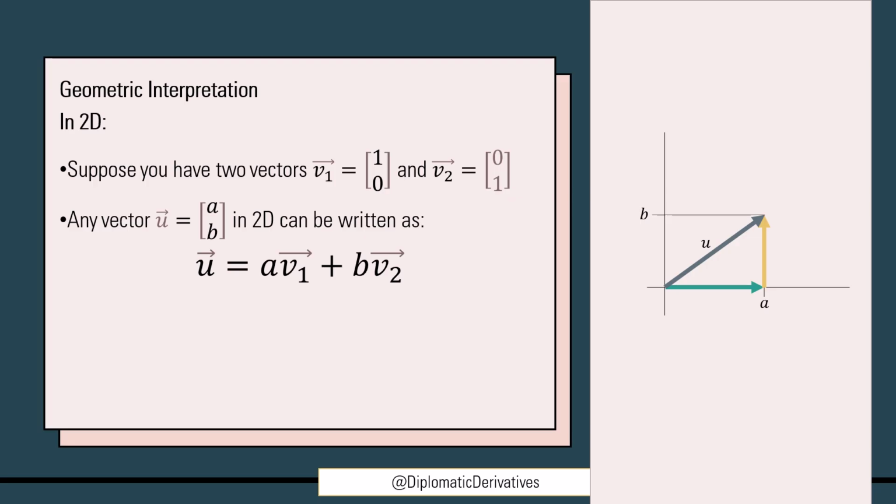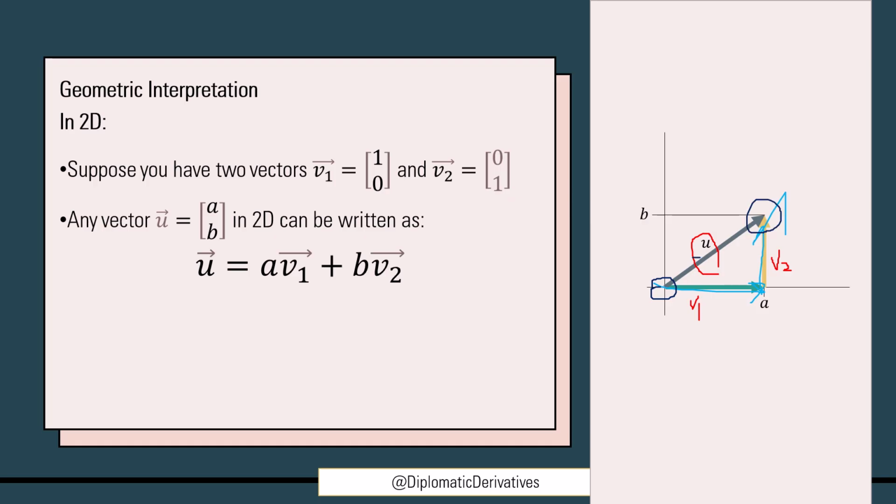So v1 is in the x direction and v2 is in the y direction. This one is v1 and this one is v2. Now how did you get this? You got it by the head-to-tail rule. According to the head-to-tail rule, the addition of vectors is done by first drawing the first vector, then drawing the second vector, and the resultant vector is from the tail of the first vector to the head of the second vector.